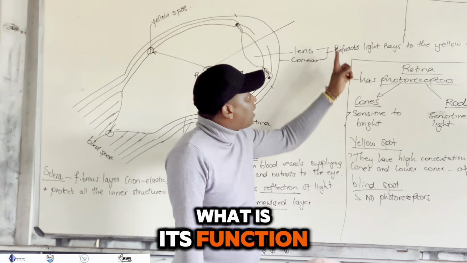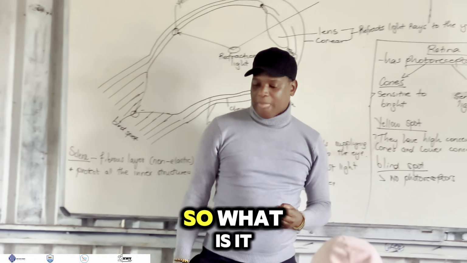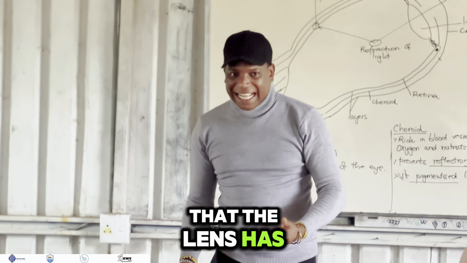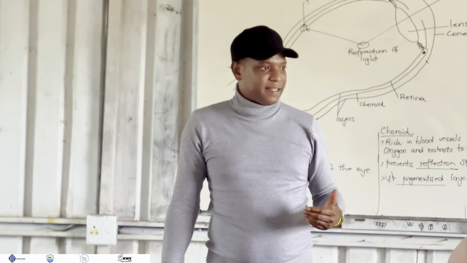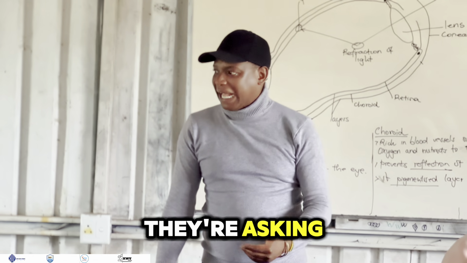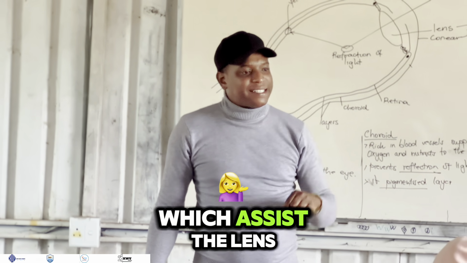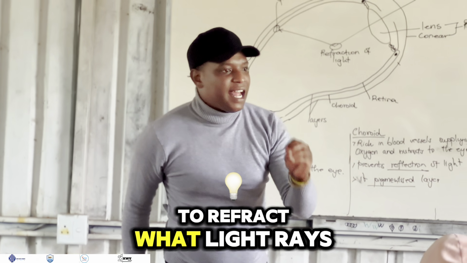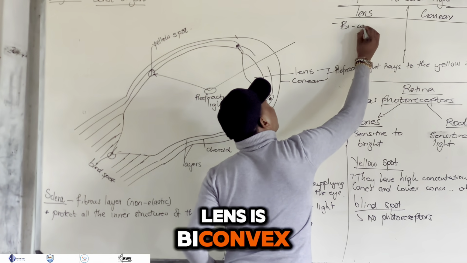What is its function? Refract light rays to the yellow spot. So what is it that the lens has which assists it to refract light rays? That's what they're asking. The first thing, the lens is biconvex.